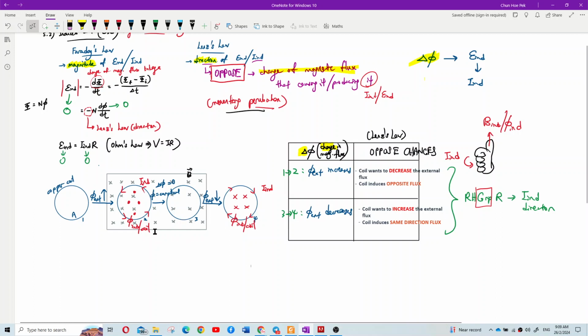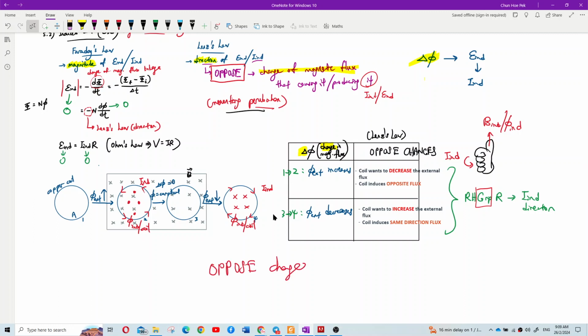Yes, opposing changes. Lenz's law is all about opposing changes. The words "oppose changes" are very important. What do you understand by opposed changes? The word oppose does not mean that the induced flux is always in the opposite direction to the external flux. The induced flux can be in the same direction as the external flux also.